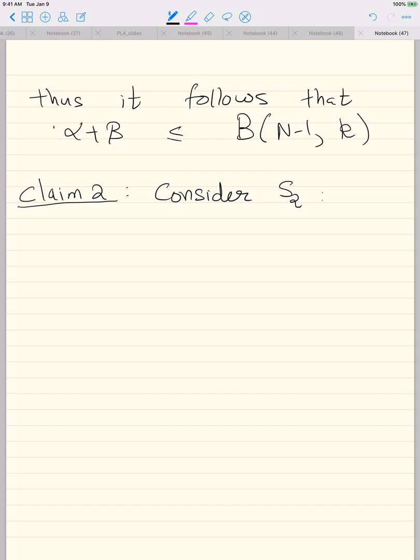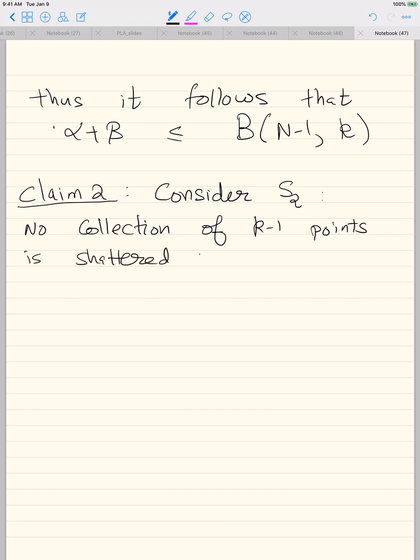So the claim is that no collection of k minus 1 points is shattered in S2. If you look at any k minus 1 positions, they cannot be shattered in S2.